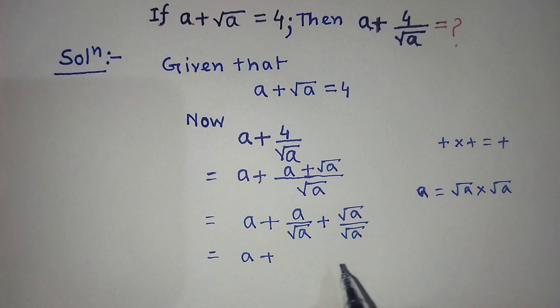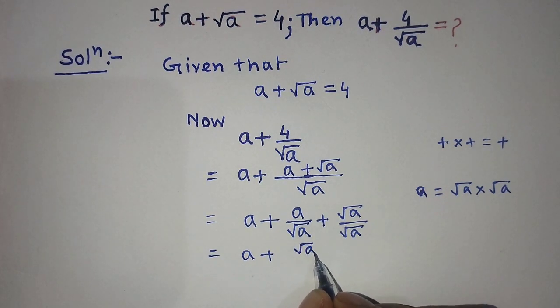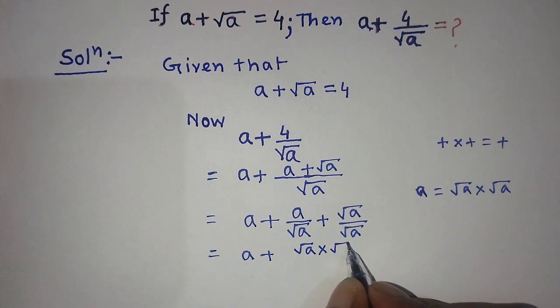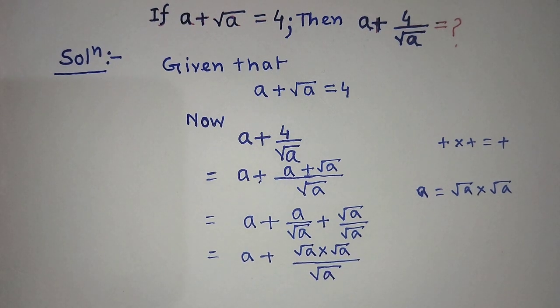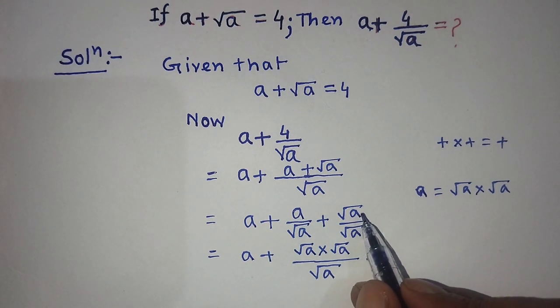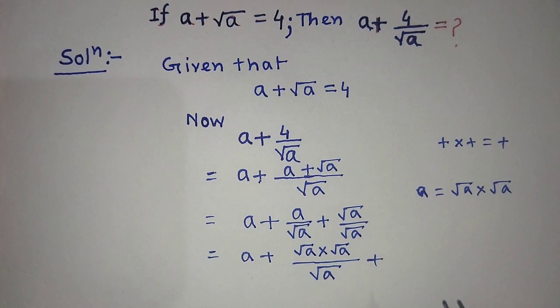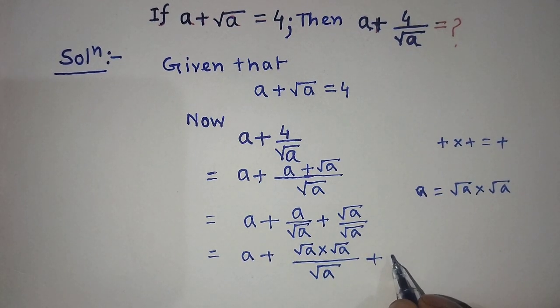So in the place of a we can write root over of a into root over of a over, again we have to write root over of a in the place of the denominator, plus. So in this fraction the numerator and denominator are both the same term, so if you divide the same term then you get 1, so we have to write 1 here.